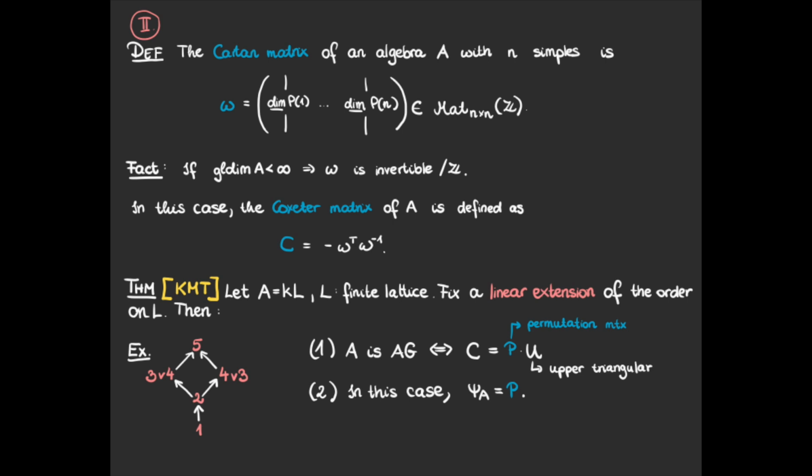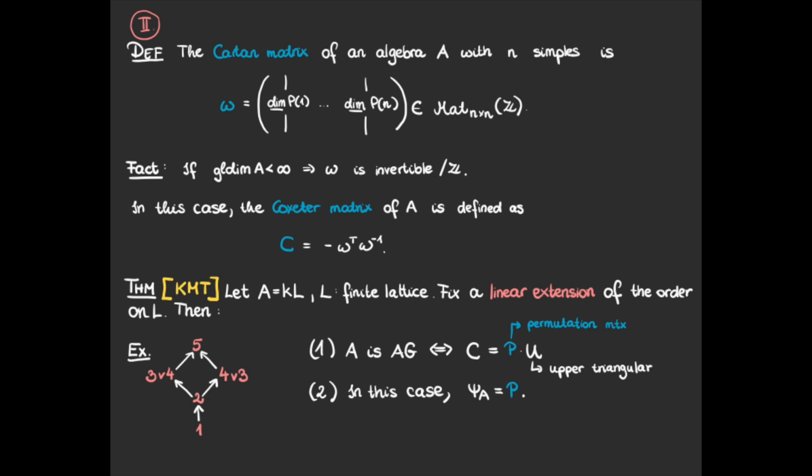Now, if A has finite global dimension, then this matrix is going to be invertible, and thus it makes sense to introduce the Coxeter matrix of such an algebra as minus the transpose of Omega times the inverse of this Omega.